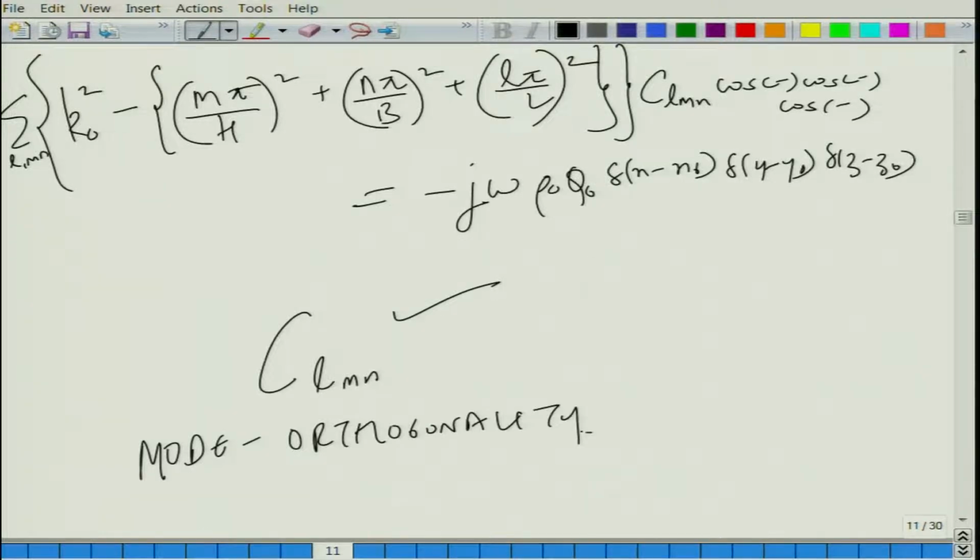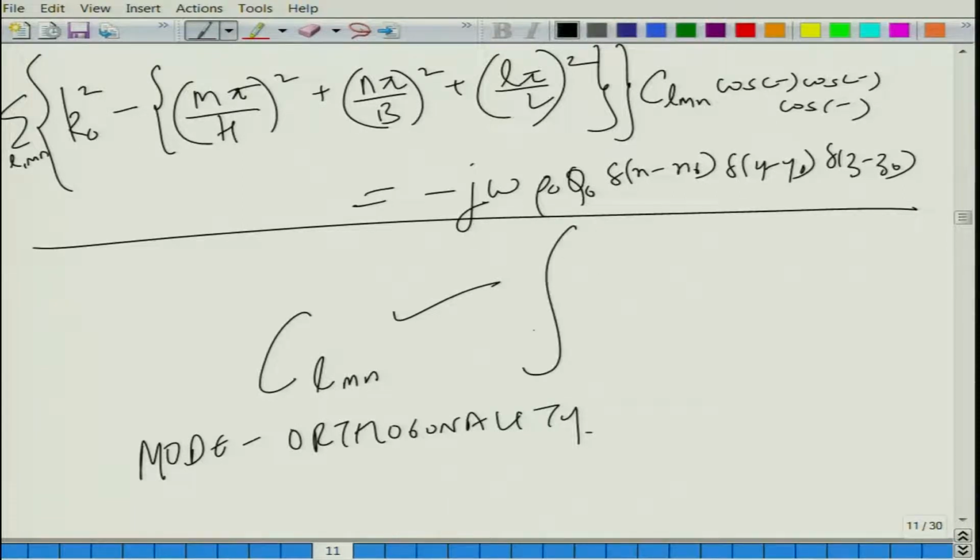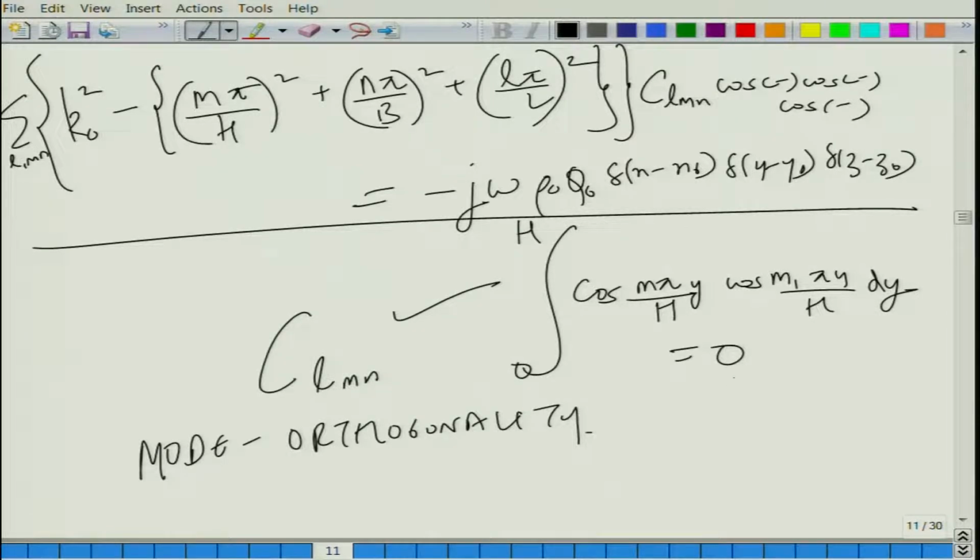Okay. So, what we do, we should realize by now that the integral of cos of m pi y by h and cos of m1 pi y by h dy over 0 to h is equal to 0 if m is not equal to m1, and if m is equal to m1, then things are different.